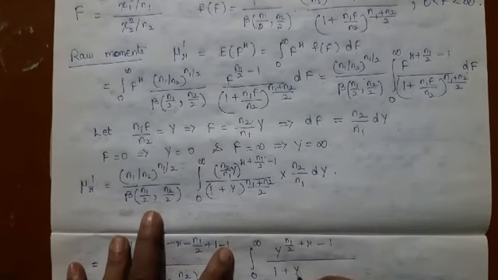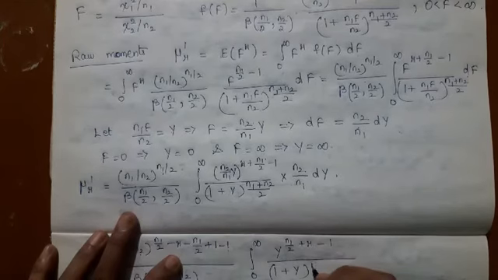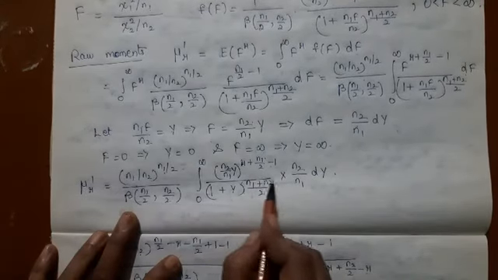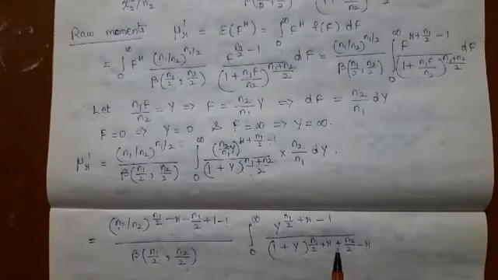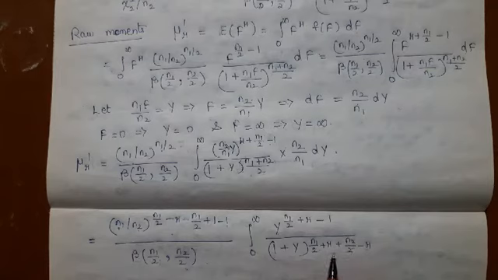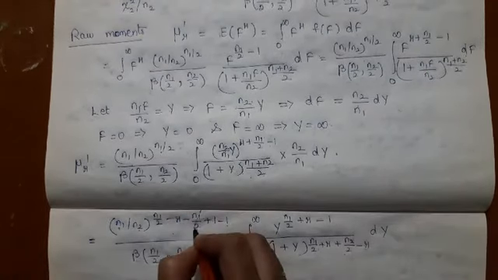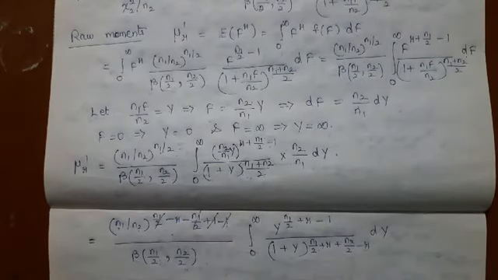I like to utilize the beta integral to find the value of this integral. So I write n1/2 + n2/2 as (n1/2 + r) + (n2/2 - r); r is added and reduced, dy. What happens here? The n1/2 gets cancelled, and minus 1 and plus 1 get cancelled.